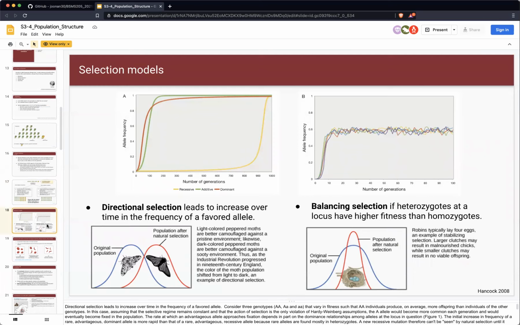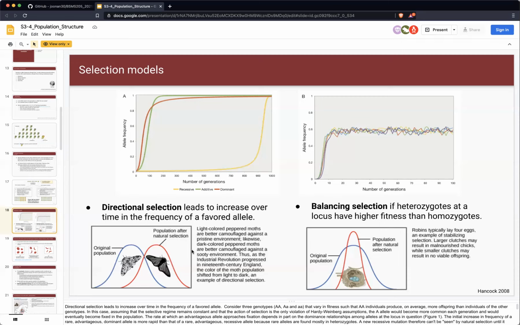One is directional selection. So in a certain population, we have a direction of favor, right? So let's say the dark moths are favored in a certain population, like the black moths under pollution, then the individuals with that genotype are segregating in a population and make up the major proportion in the population.